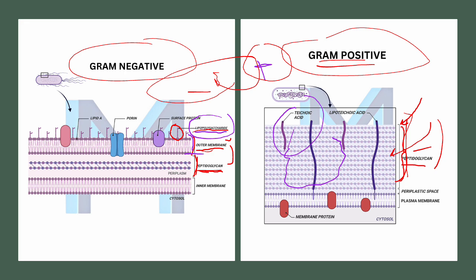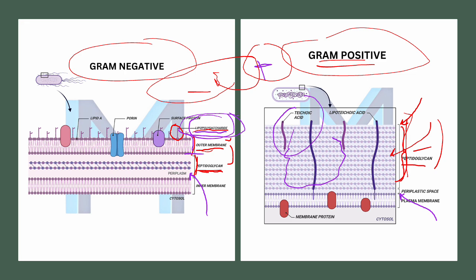And these acids help with the cell wall maintenance and contribute to the negative charge of the cell. And the gram-negative don't have that. Instead, they have these lipoproteins in the outer membrane. Another difference is the periplasmic space, seen here, right?